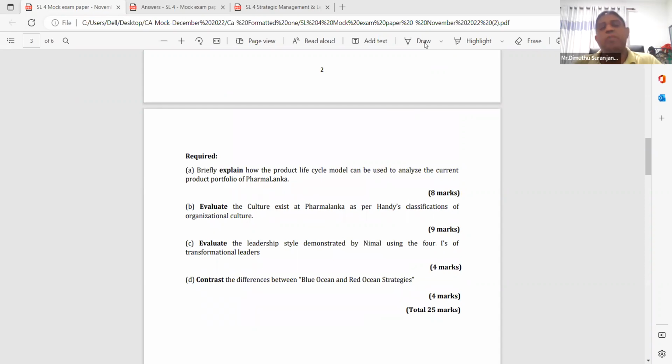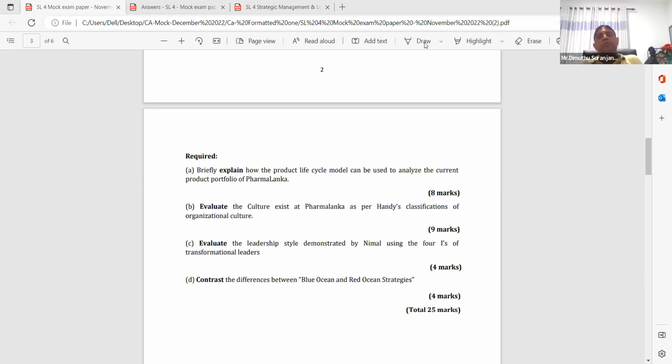We look at the requirement first. Requirement A says: briefly explain how the product lifecycle model can be used to analyze the current product portfolio of Pharma Lanka.